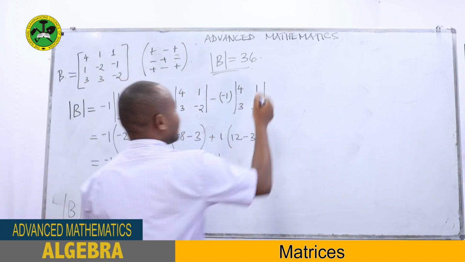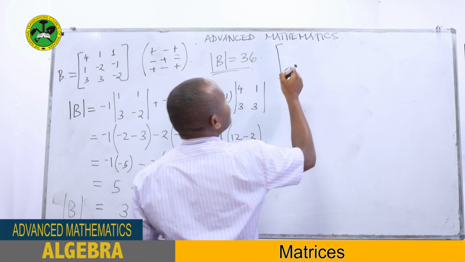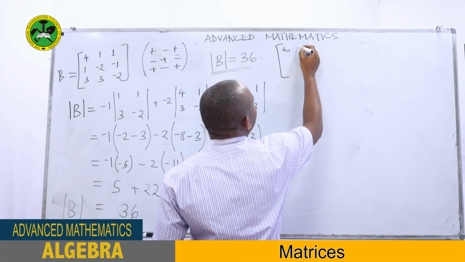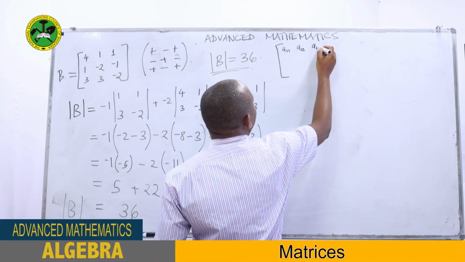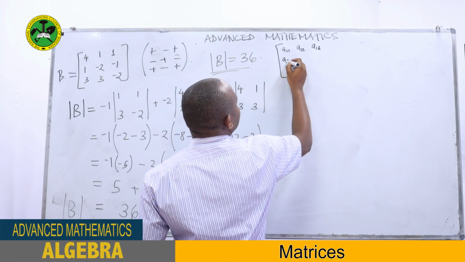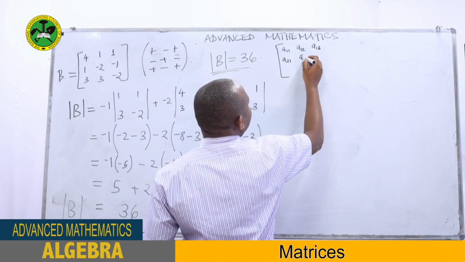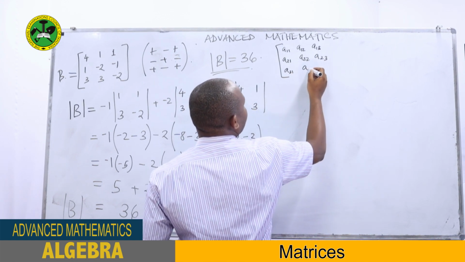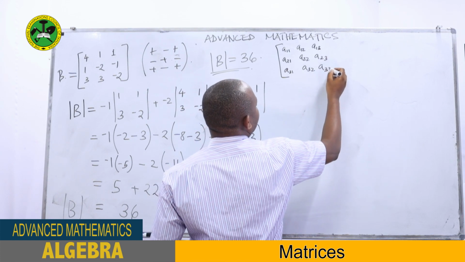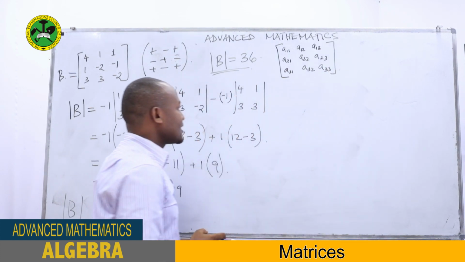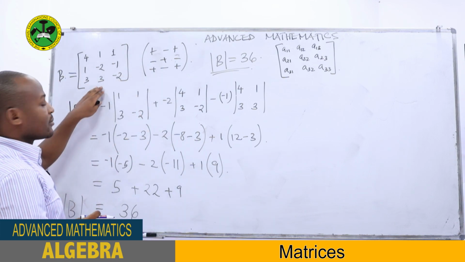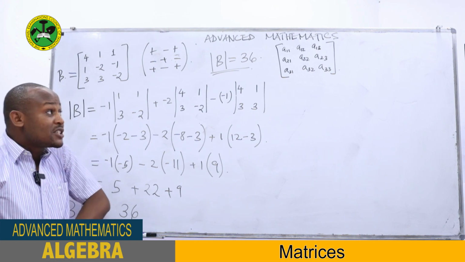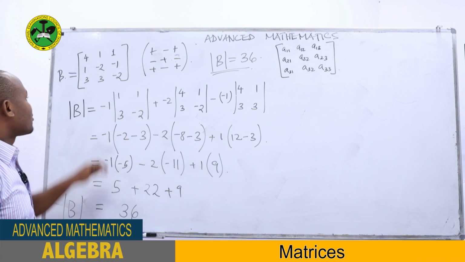And I will denote the matrix of cofactors by this: A1,1, that means the first row, the first column, and then A1,2, A1,3, A2,1, A2,2, A2,3, A3,1, A3,2, A3,3, so that I can understand the position of the cofactors in that matrix.